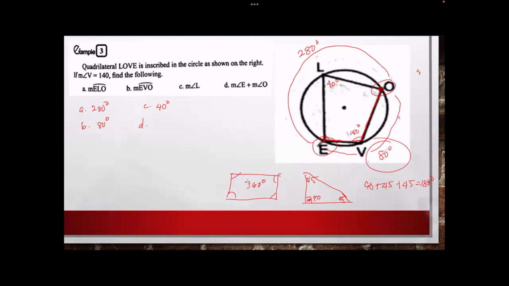Ang best example dyan is the rectangle. Kasi rectangle, four-sided, ang pinaka-corner niya ay laging 90 degrees. So, times 4, that's 360 degrees.